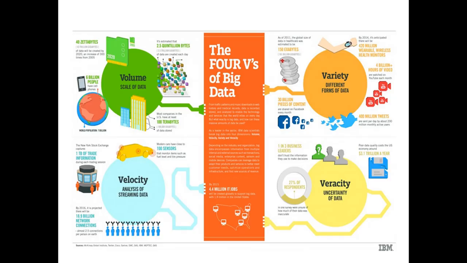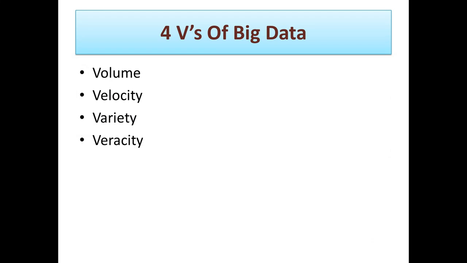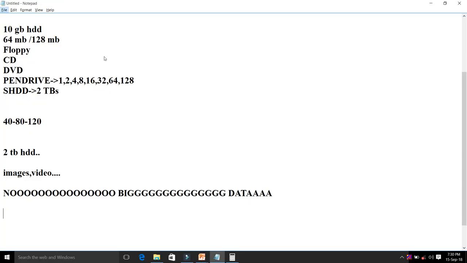Now the second point is velocity. We have already said the data is generated very frequently, with unpatterned structure and uncertainties, and the data is generated in a very speedy mode, right? So let me write that down, the velocity.